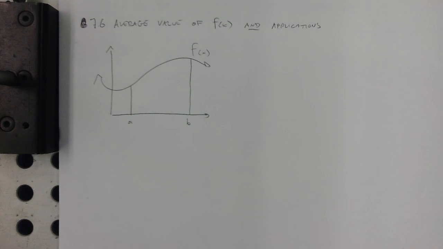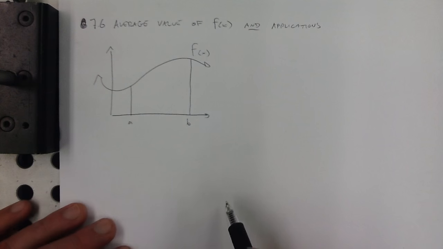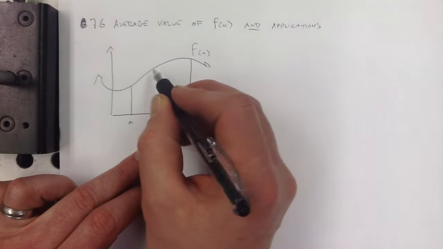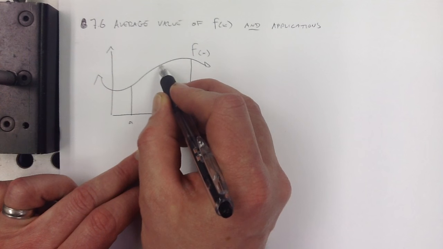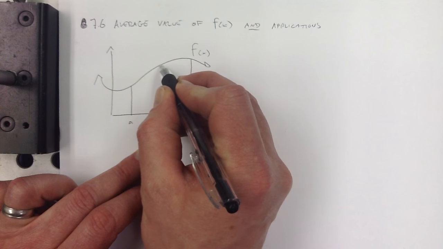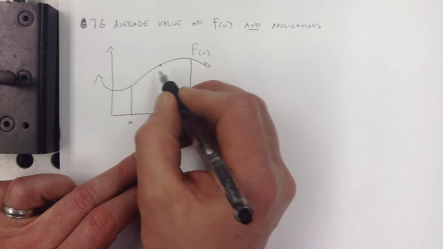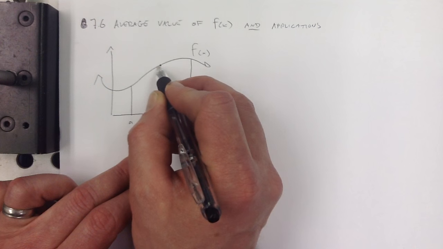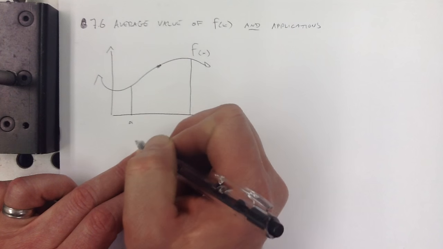Before you get all excited about infinity over infinity and thinking about L'Hopital's rule or something, we can do something a little bit easier than that. We're going to say here that there's an average value of this function. Maybe it's somewhere about here, somewhere in this area, right?